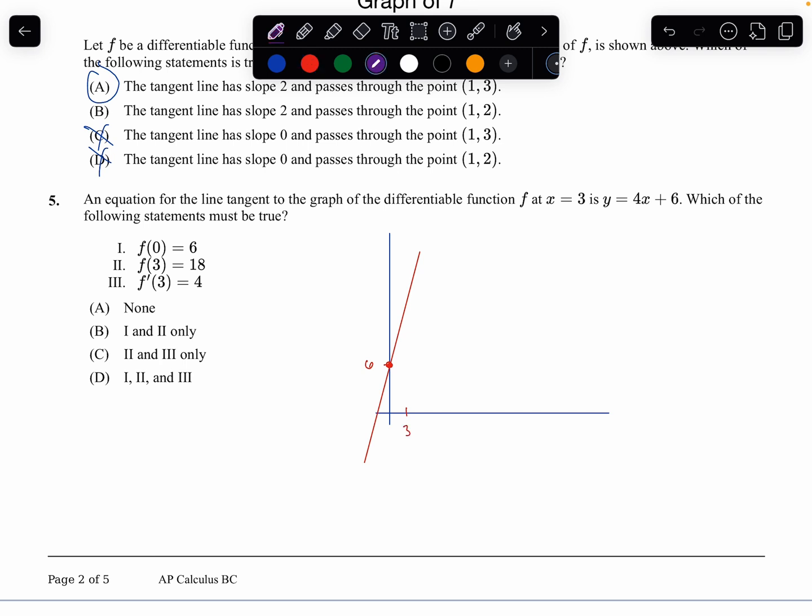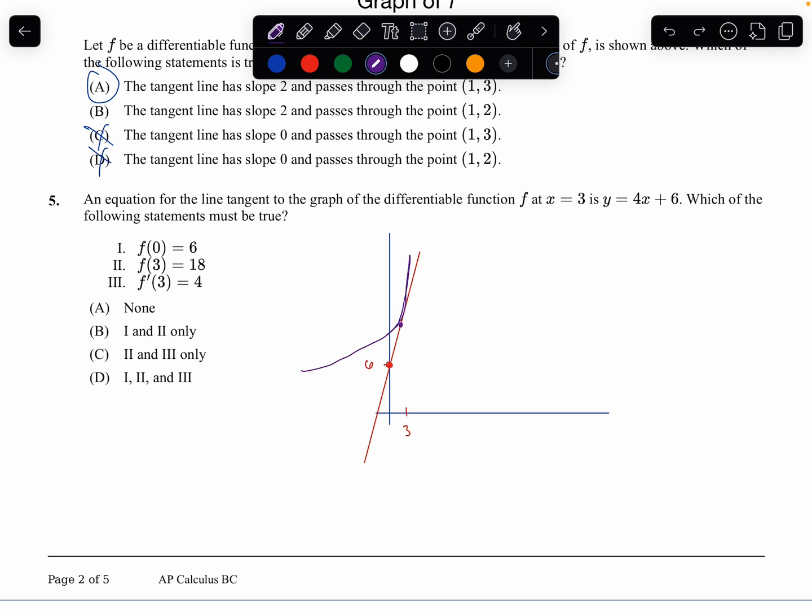So I don't really know what f looks like. But what I do know is that at x equals 3, maybe right here, the graph of f has to intersect, but it can only intersect by touching it. So the graph of f might look something like that, or something like that, or it might look something like this.